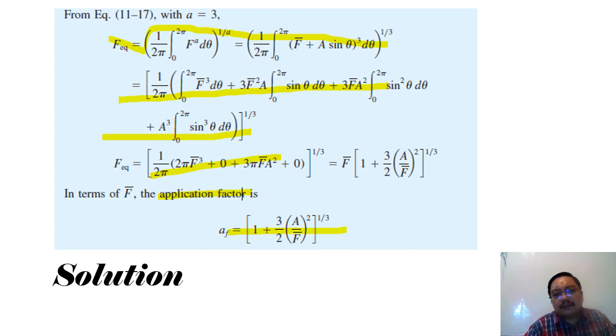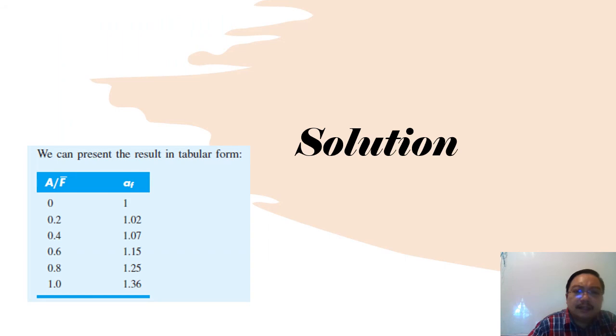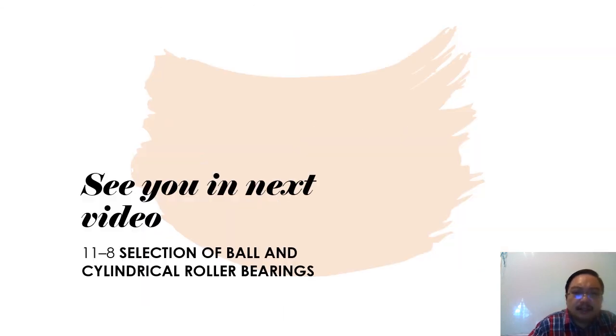In terms of application factor, AF equals 1, 3 over 2, A over F. Then you get this equation, and the solution you can tabulate in tabular form: 0.2, 0.4, 0.6, 0.8, and 1. This is the solution.